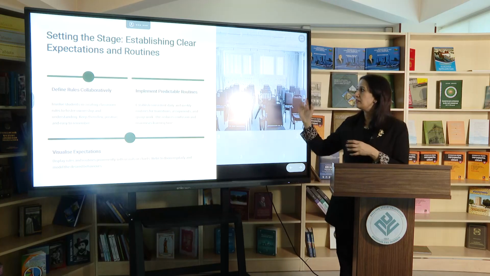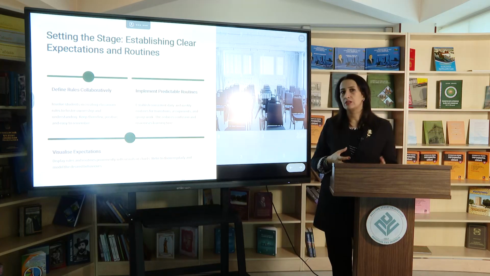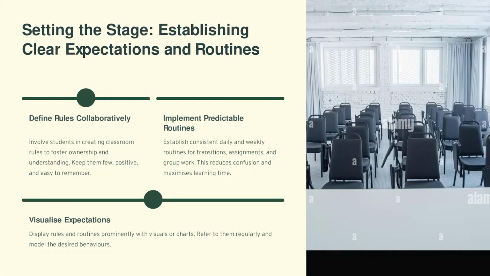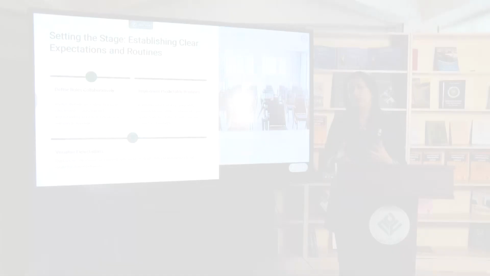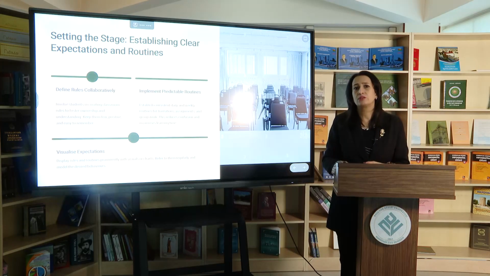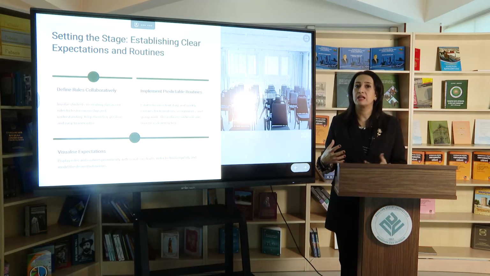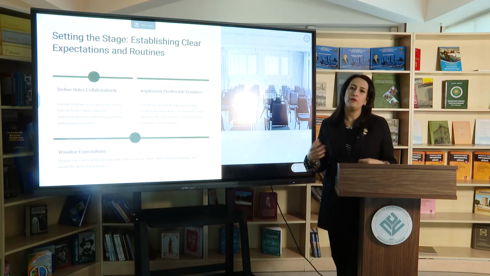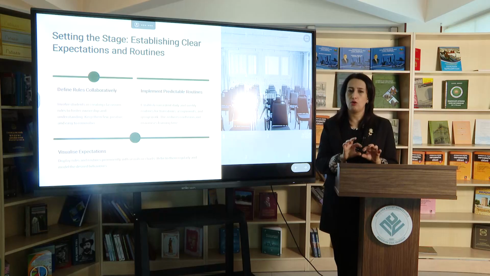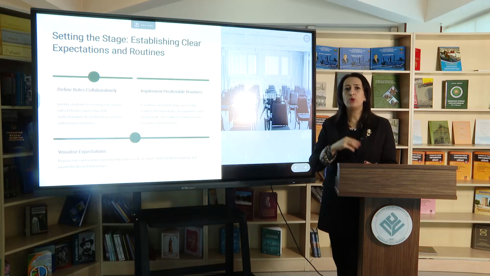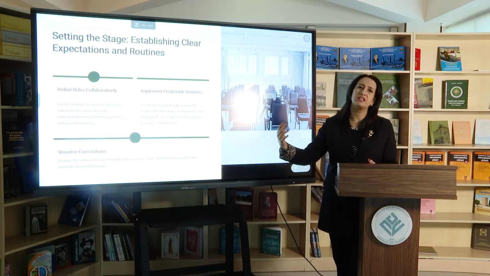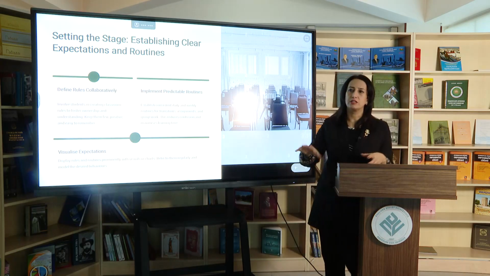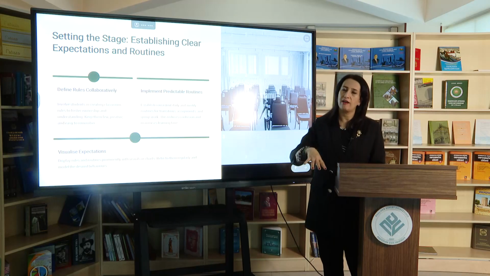Then implement predictable routines. If the students are in uncertainty, it means that they will misbehave, or they can misunderstand the routines or other things. For instance, if we say that on Monday we will have reading lessons, we'll do such exercises, but next Monday we say, no, we will have speaking.